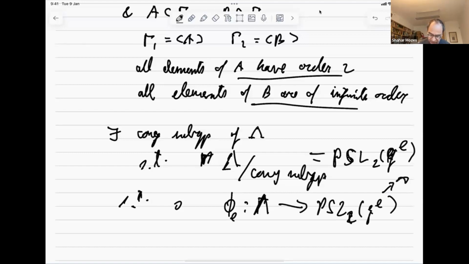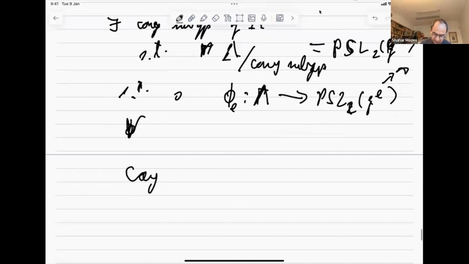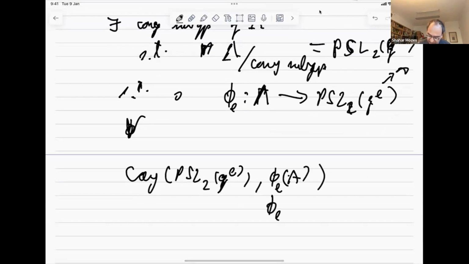So you have a sequence of such maps, such that the Cayley graphs of PSL2 with respect to the images of A or of B are both going to be Ramanujan graphs. So they're going to be extremely good expanders.